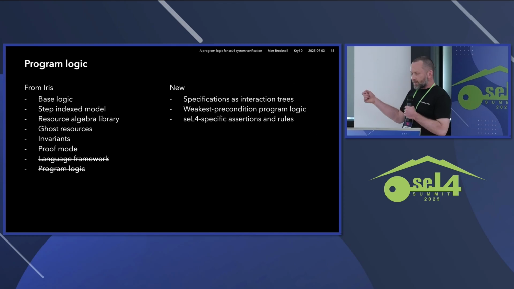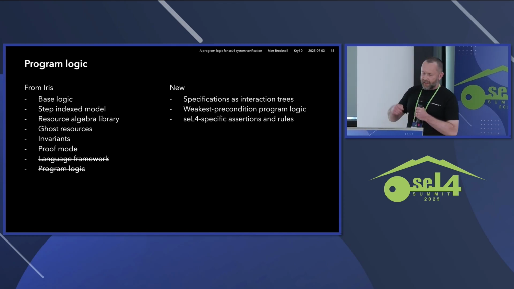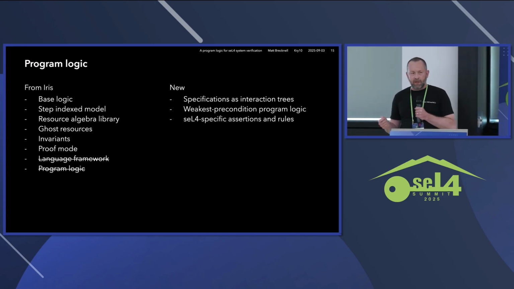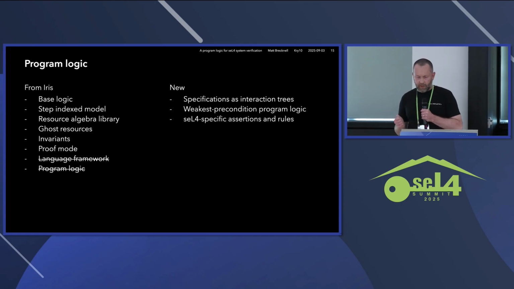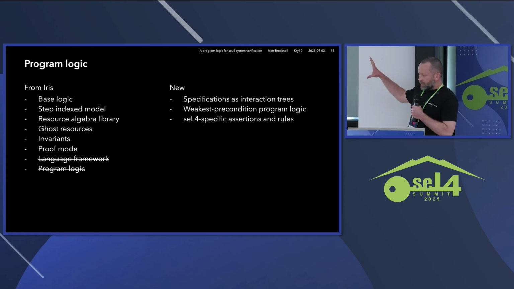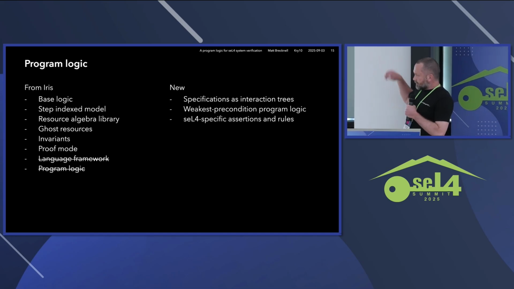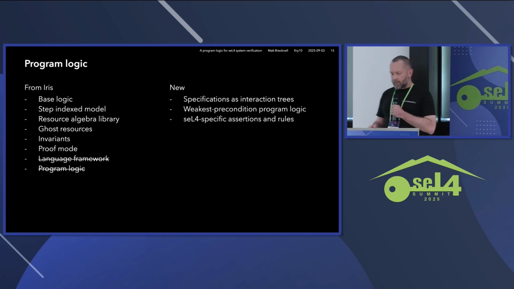It comes with a language framework that allows you to define a programming language and then get a program logic for free, but there are some limitations to the kinds of languages it can describe. In particular, we can't describe processes that block, and it's not very well suited to describing processes that emit events. Okay, so there's some new things we'll develop: ways of using specifications as interaction trees and a program logic based on that.